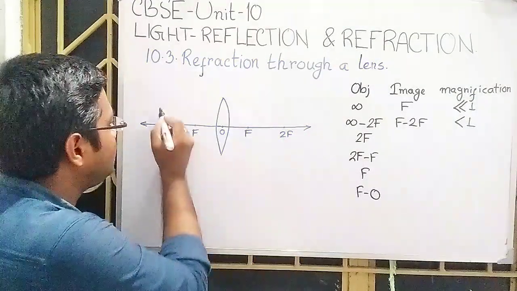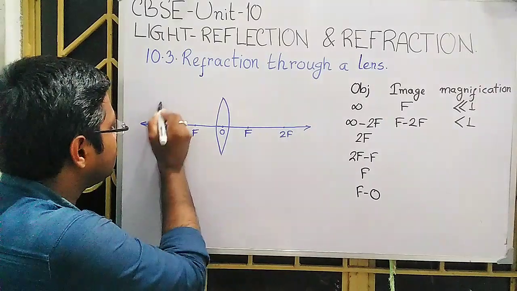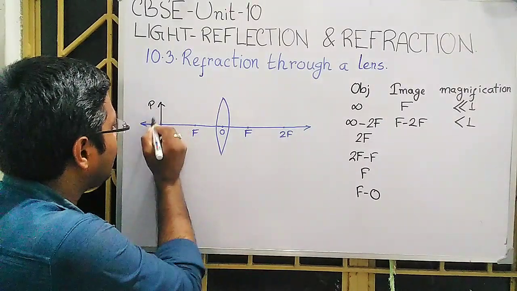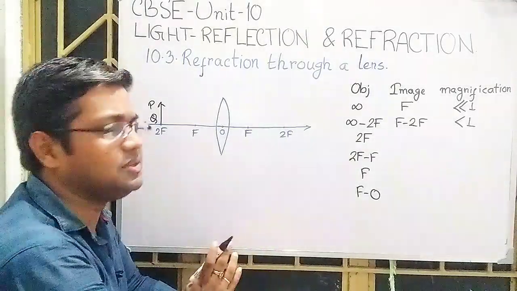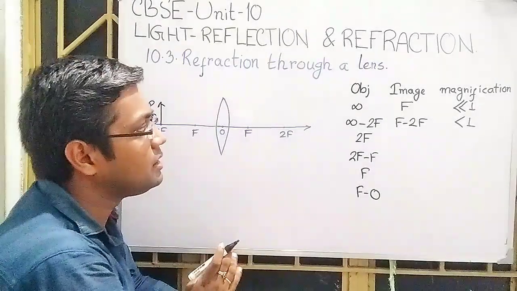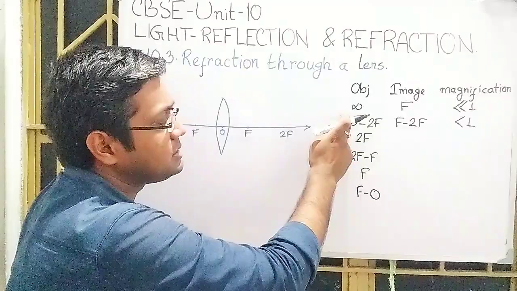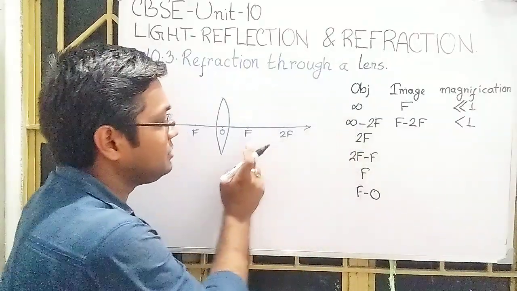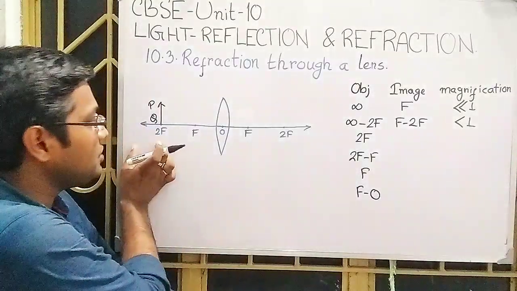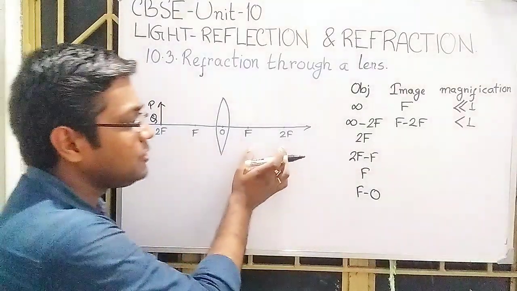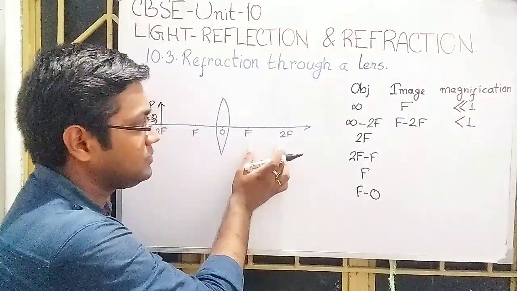Here the object is placed here, capital P and capital Q. If I follow the scenario, just see, if I place the object at infinity, it will be formed at focus. If I place the object in between infinity and 2f, it will be formed in between f and 2f.